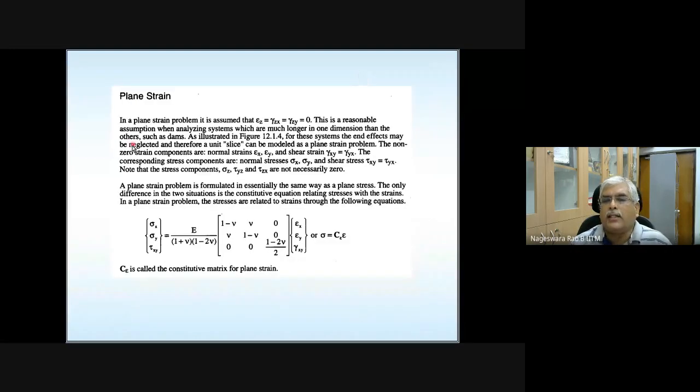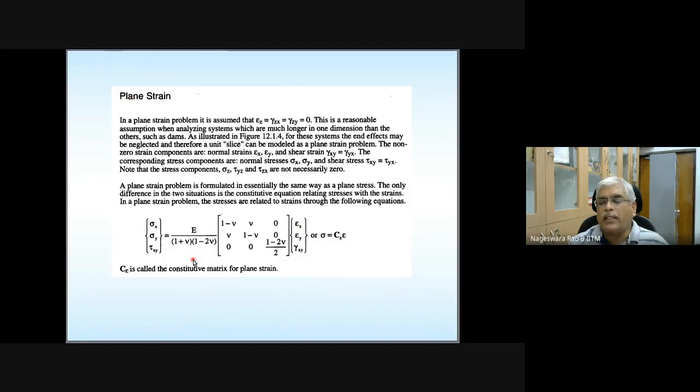Okay, so that is what is explained here. You can go through all that explanation, and this is the relation connecting stress components to the plane strain components. Please note that here, the strain components which are non-zero are connected with the corresponding stress components by this relation.